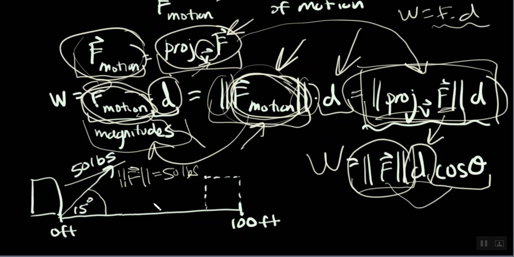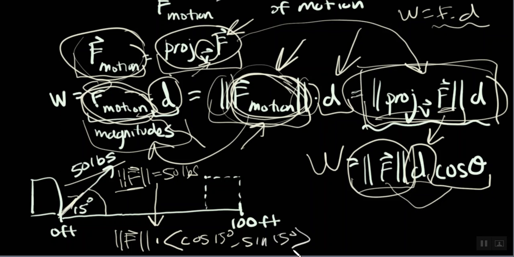Now, here's a neat little trick that you might have learned before, but I'm going to show you how to do that now. To find the vector f, you can simply multiply the norm of that vector times the unit vector representing that direction. In this case, the unit vector representing that direction is cosine 15 degrees, sine 15 degrees.